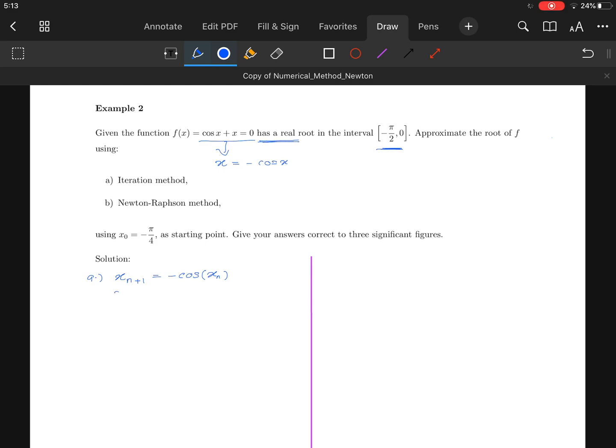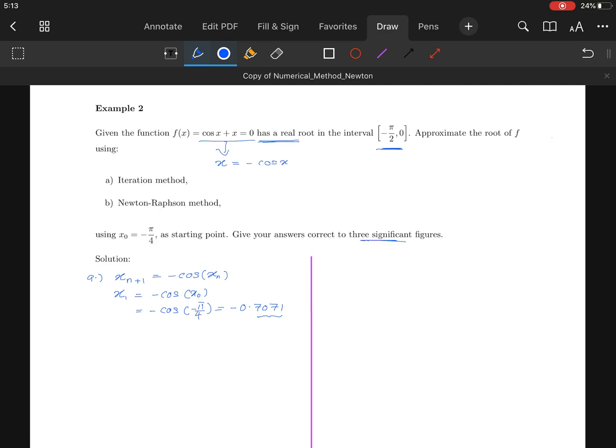For x1, when n equals 0, you have negative cos x0, which is equivalent to negative cos of negative pi over 4, since x0 is given by negative pi over 4. If you do your calculation, you get 0.7071. I keep it to 4 significant figures because we want our answer to be accurate to 3 significant figures.